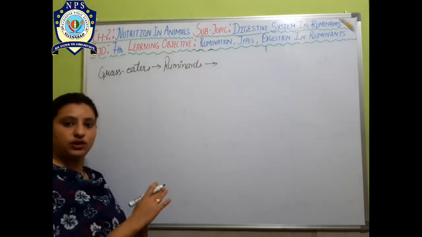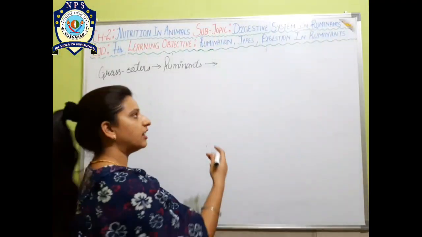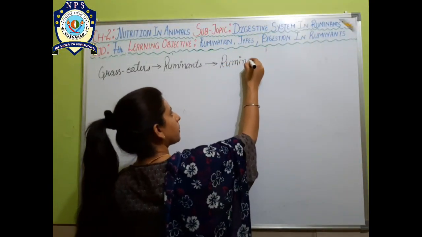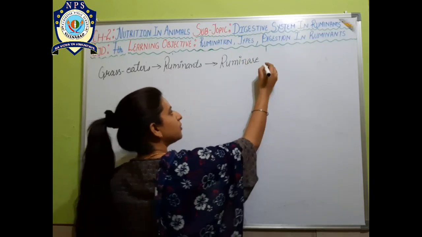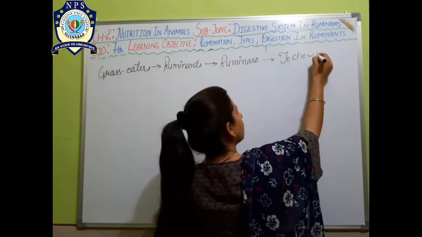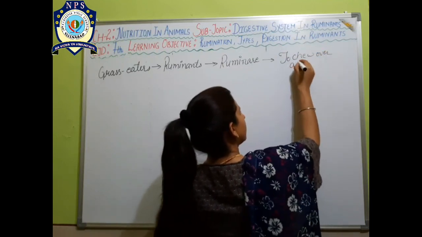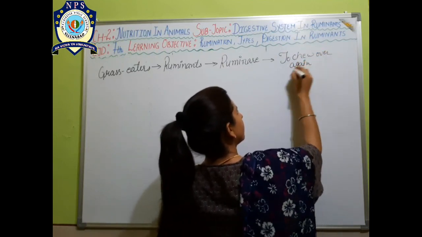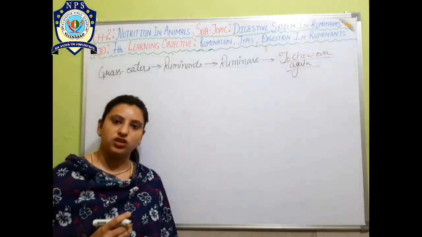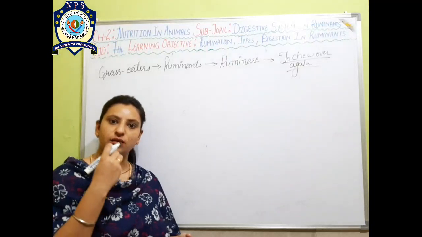This word ruminant is derived from a Latin word, ruminare, and ruminare means to chew over again and again. So those animals, when they are in a resting position, keep on chewing something in their mouth.